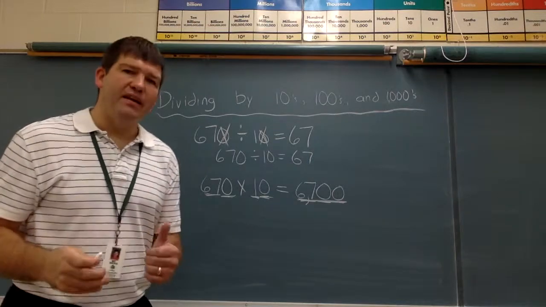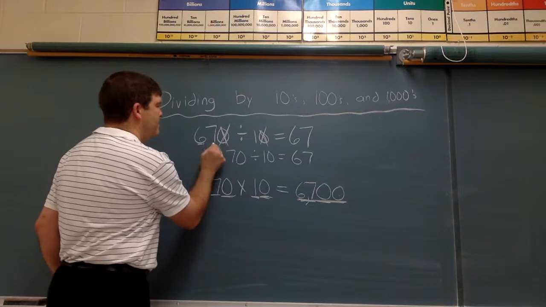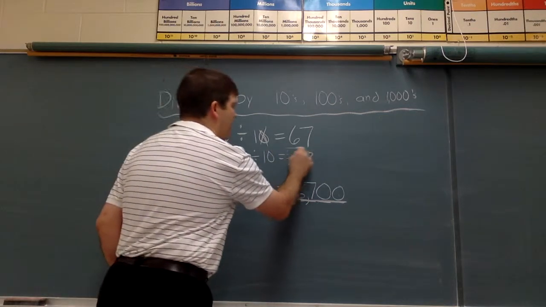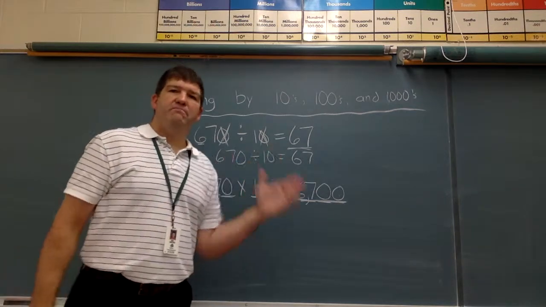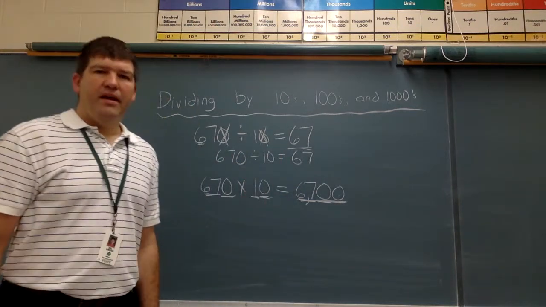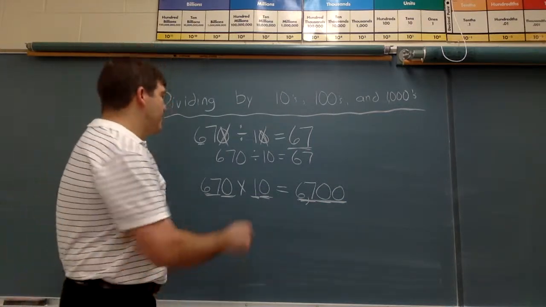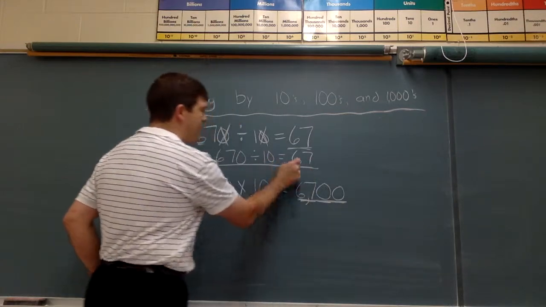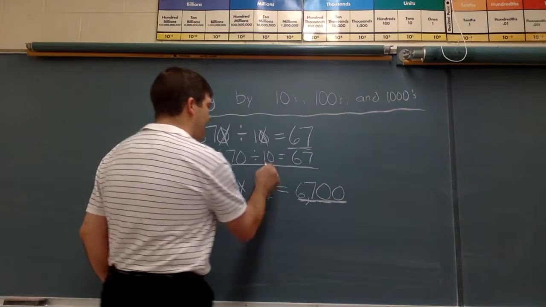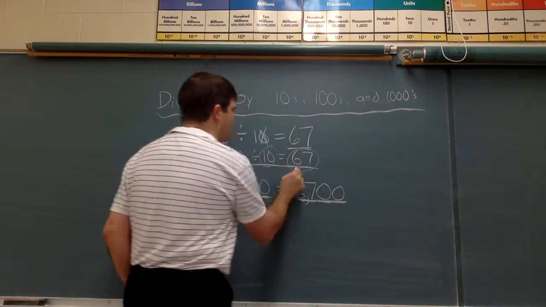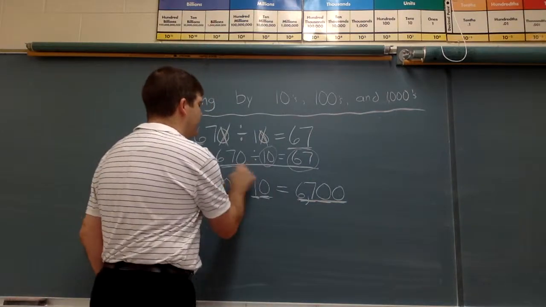But if I'm dividing by 10, I'm going smaller. I'm going from the hundreds to the tens, which is what I got right here. 670 divided by 10 takes me to 67. And I like to check things. With division, whenever you get your answer, 670 divided by 10 equals 67, you can flip it, multiply your answer by what you divided it by, and see if you get what you started with.